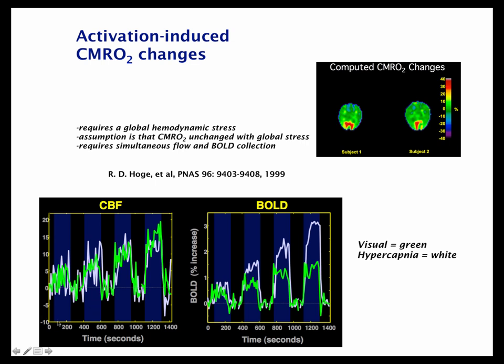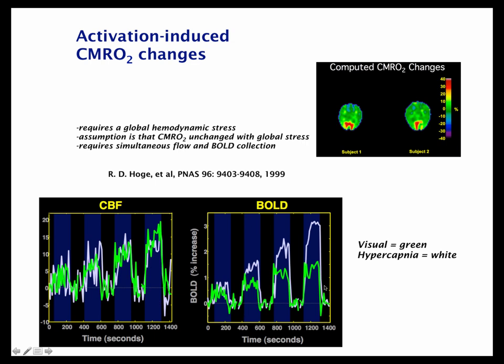So he did an experiment in which he was measuring CBF, and the green line is visual stimulation. The white line, he actually somehow managed to map. This was the amazing part. He mapped the amplitude with a graded hypercapnia experiment, and he was able to match the signal changes.